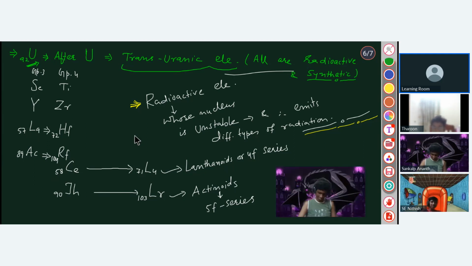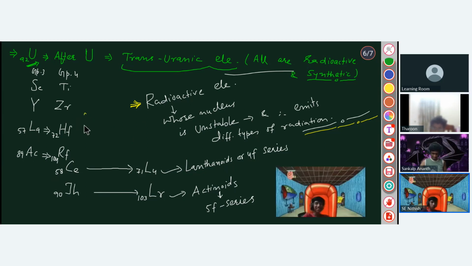Now can you tell me how many elements in the periodic table exist in the gaseous state? In the gaseous state, it is 9. No, I know, sir, it is 11.